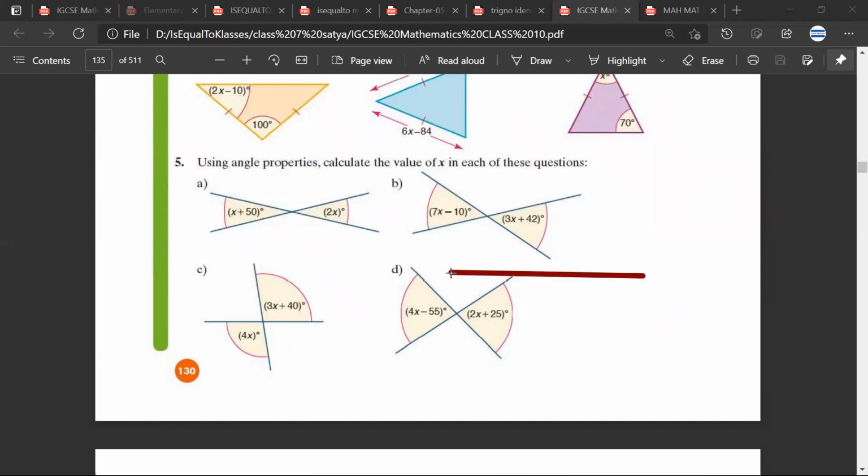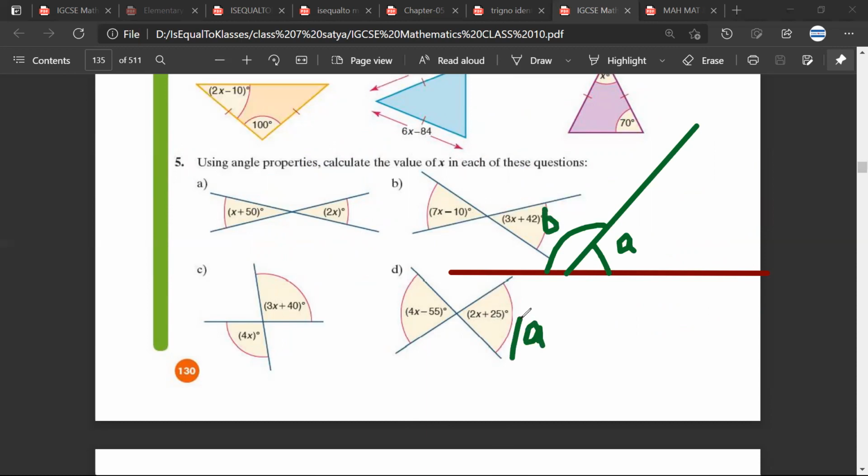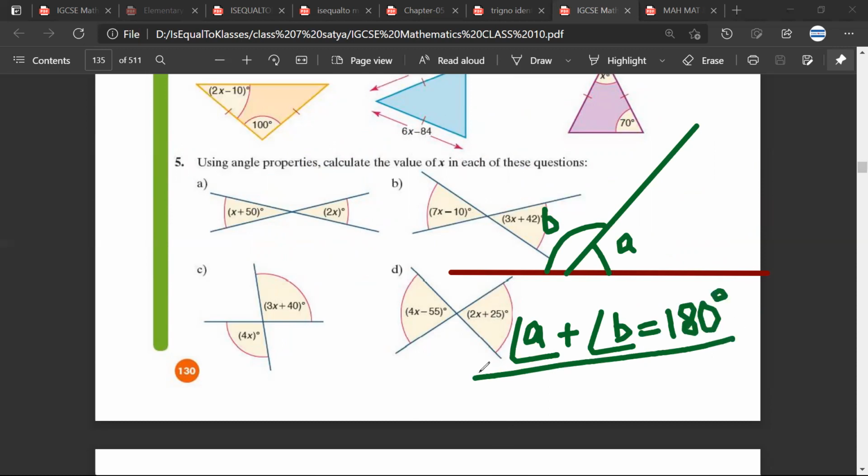If this is a straight line, these are the two angles which are there on the straight line, then angle A plus angle B would be equal to 180 degrees. Satya, any doubt? No.